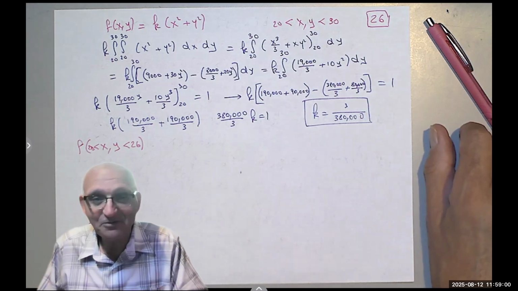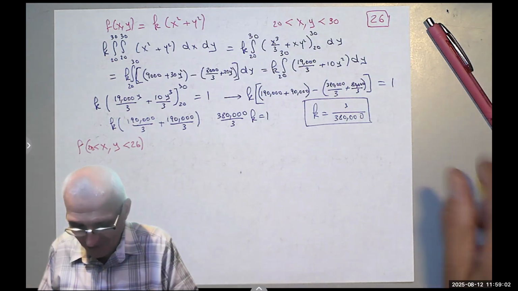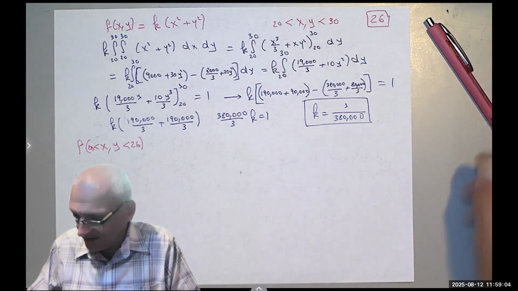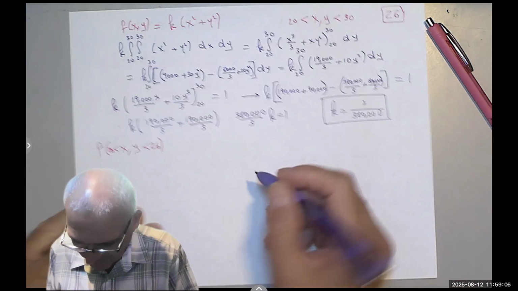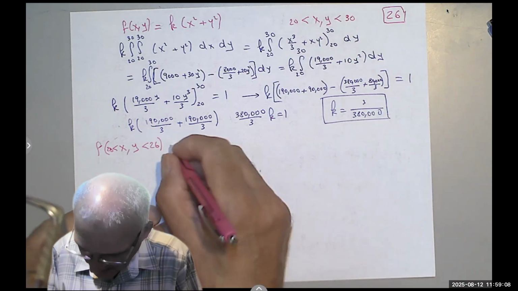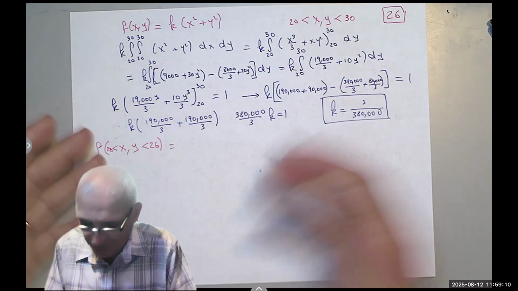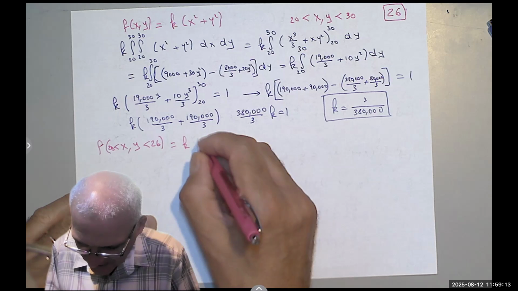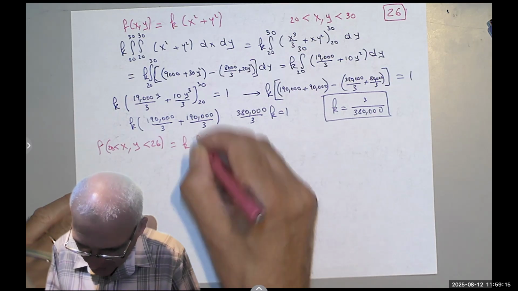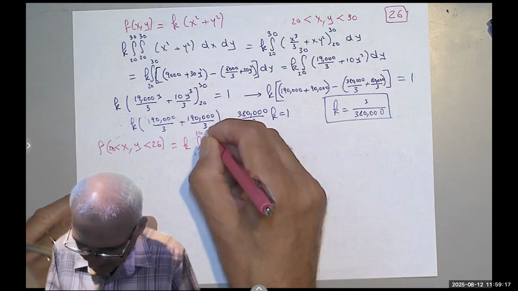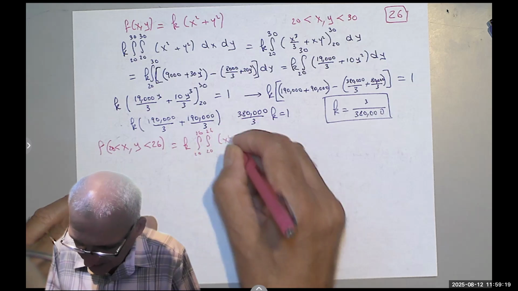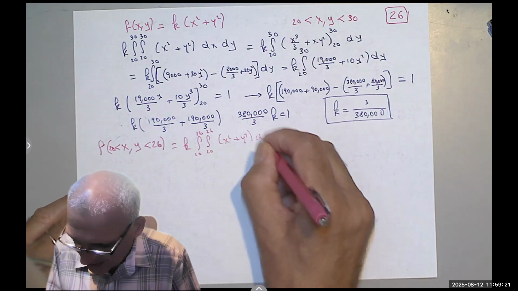Well, I think we will need to do it with a computer. That's a waste of time. So let's keep the k. I'm not going to keep writing it. So it's k times the double integral from 20 to 26 of x squared plus y squared dx dy.